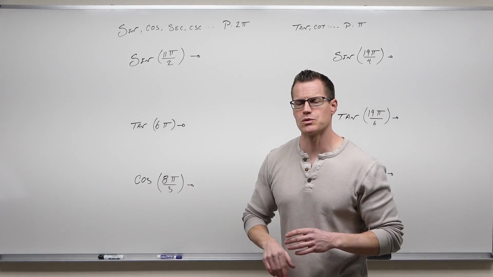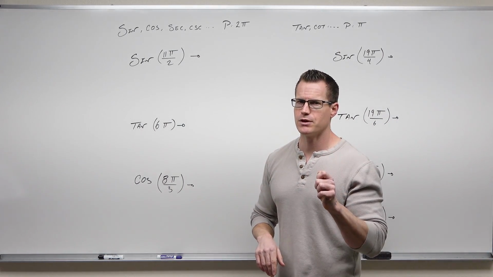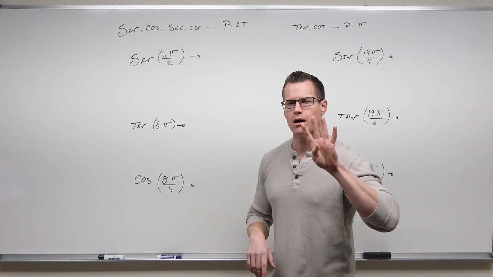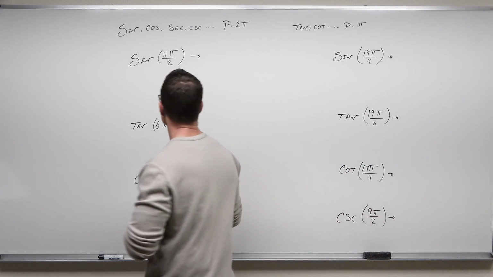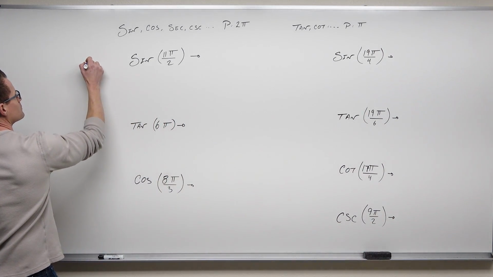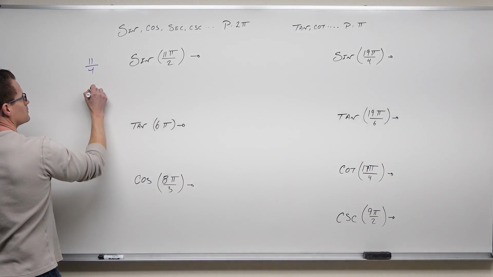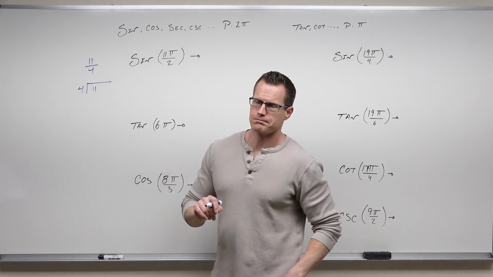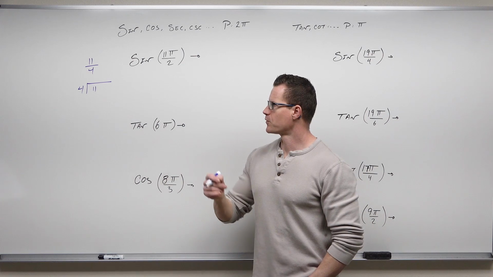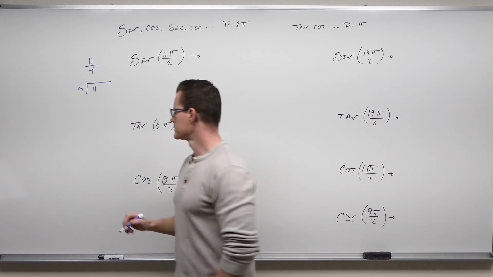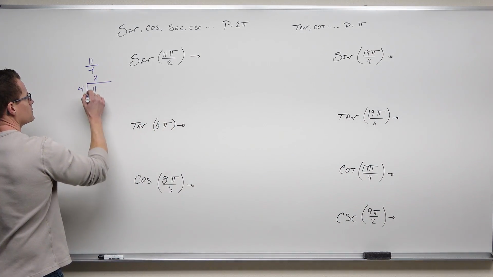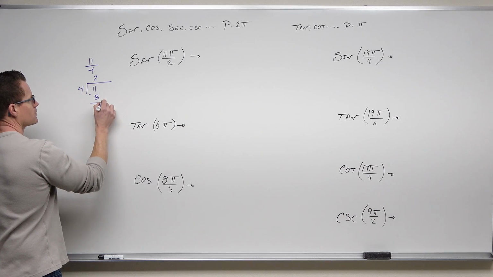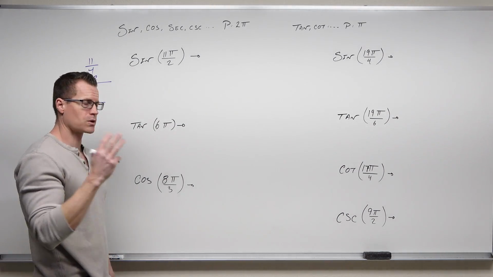Now the pi's are going to cancel, so I'm really looking at 11 over 4. Not 11 over 2, 11 over 4. Or 11 divided by 4. So 11 divided by 4, 4 goes into 11 2 times. And if I subtract them, I'm going to get 3.